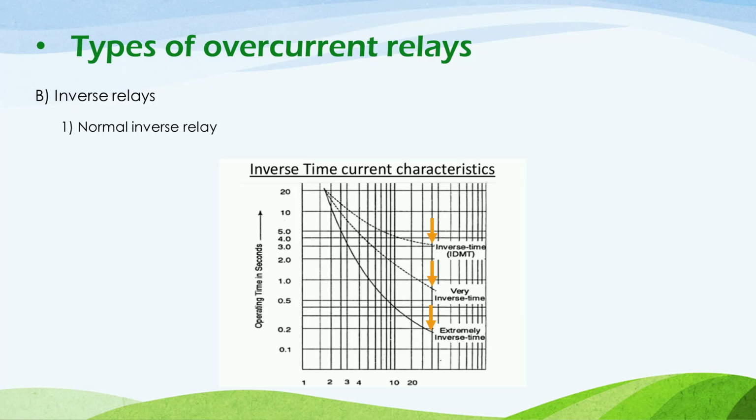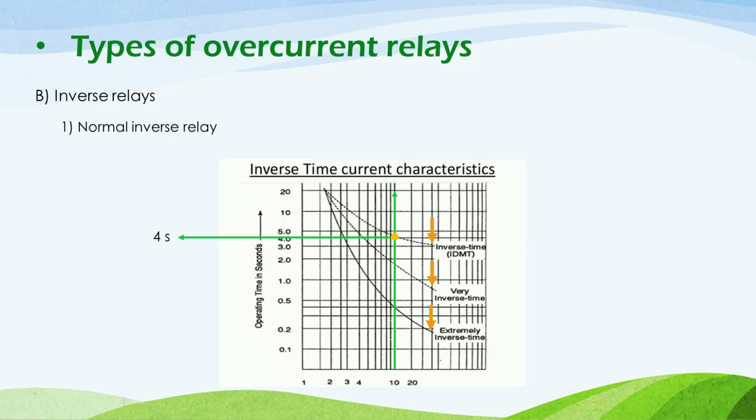And we can note easily that the extremely inverse type is the steepest one, or it has the largest slope, which means the time decreases extremely when the fault current increases. And we can compare between the three types if we suppose that the current value to be that one, so it cuts the three curves in three different points.